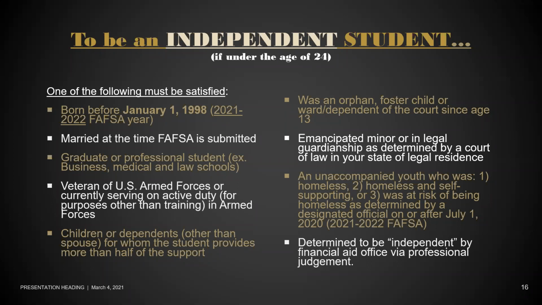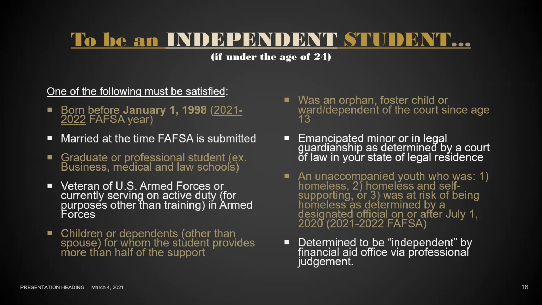If the student is an emancipated minor in a legal guardianship, meaning that they're in the care of someone else and have not been legally adopted, they could also be considered independent. For the FAFSA and financial aid purposes, the biological parent and an adoptive parent are the only parents that can provide information on the FAFSA.